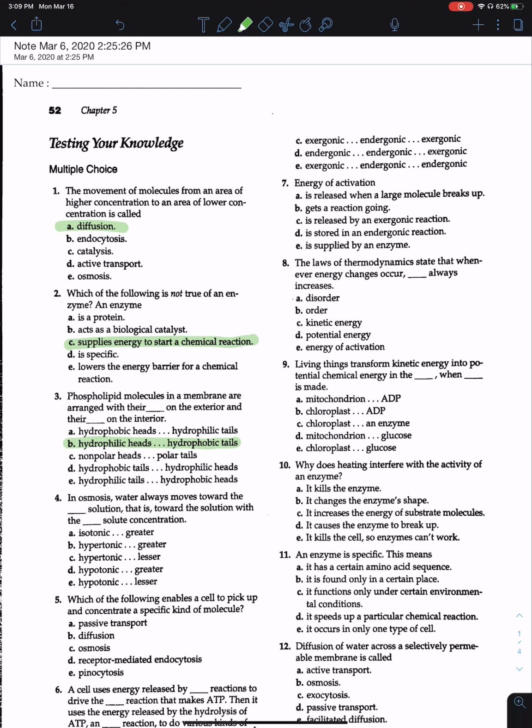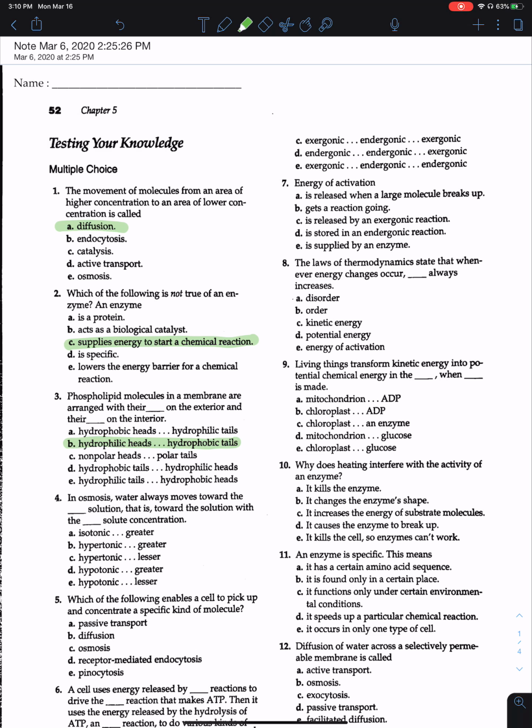Hydrophobic means it does not like water. Hydrophilic means it loves water, right? So the head region really likes water, the tail region does not. Because of the way phospholipids are oriented, remember they are a double layer, right? So all that water is pushed out from the middle of the layer, thus forming the two layers and thus forming any particular cell membrane.